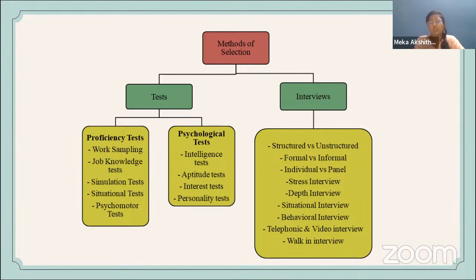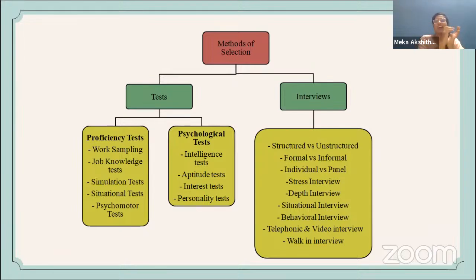Then comes the aptitude test. Aptitude tests are mostly used to check the future ability of the individual. There are many different types, such as the differential aptitude test and the general aptitude test.